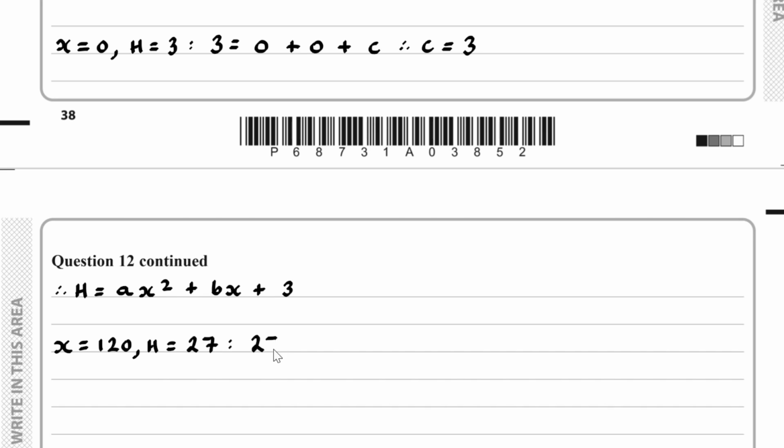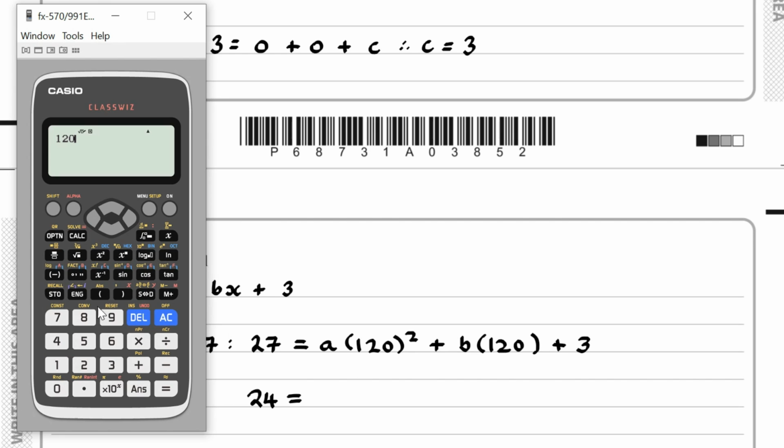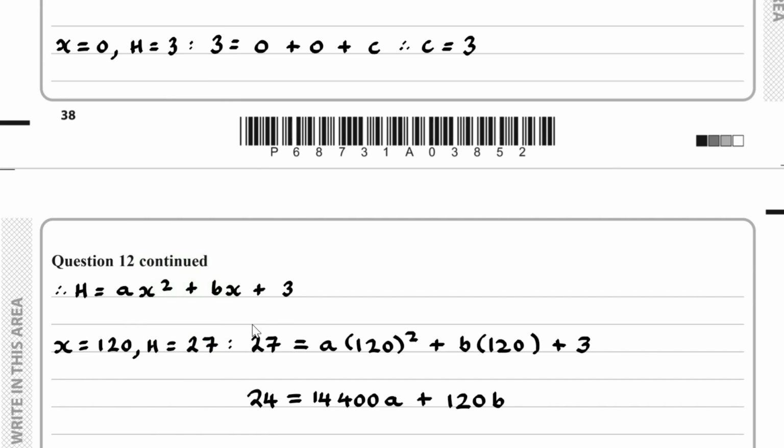So, we've got 27 equals a lots of 120 squared plus b lots of 120 plus 3. 24 equals 14,400a plus 120b.